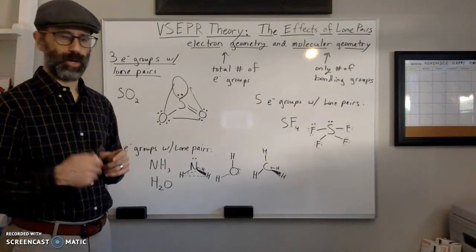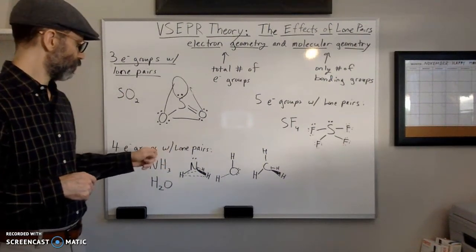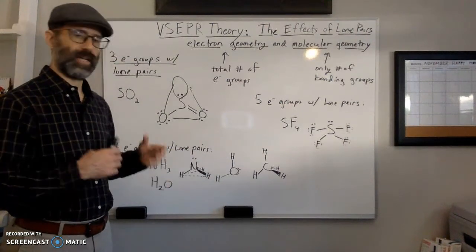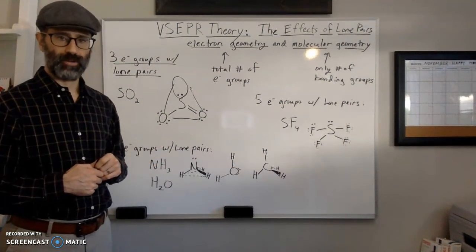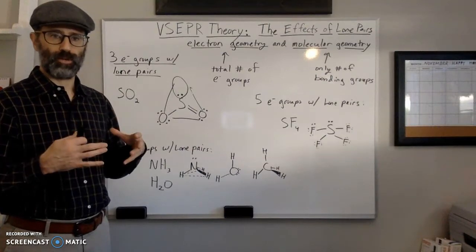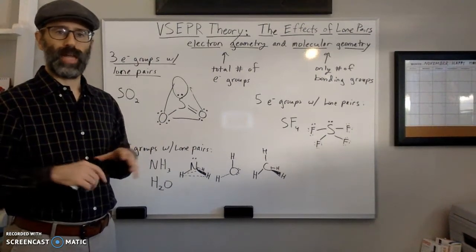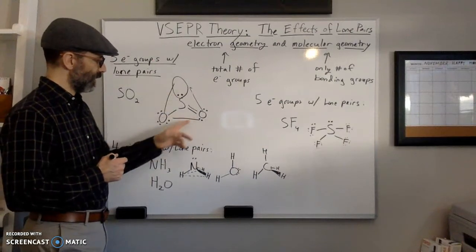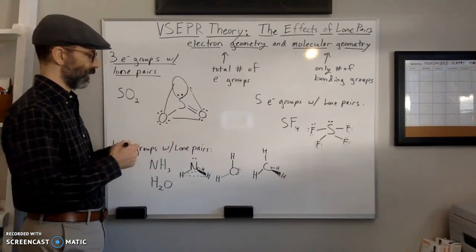The other thing I want to point out again is whenever you throw in the lone pairs, that's going to affect your bond angles. So if you have lone pairs in your molecule, the bond angles will not be ideal. So here we said the ideal angle was 120.